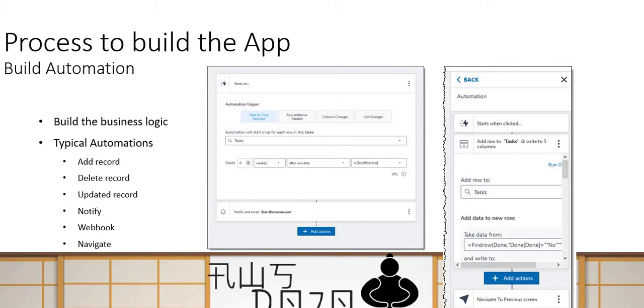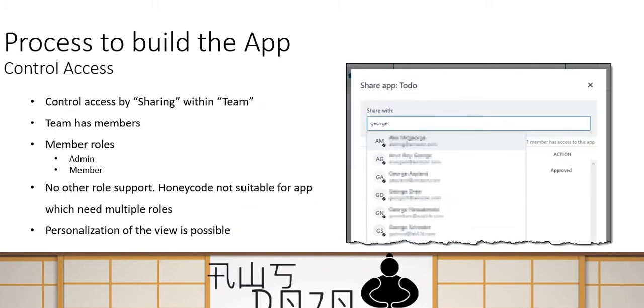Okay, and the last part after that is that you can then start sharing this app with the end users, so the end users can access these applications. Now, it's a very interesting thing to know that Honeycode uses the concept of a team. That means a team will have members, and members will have two roles, admin and member.